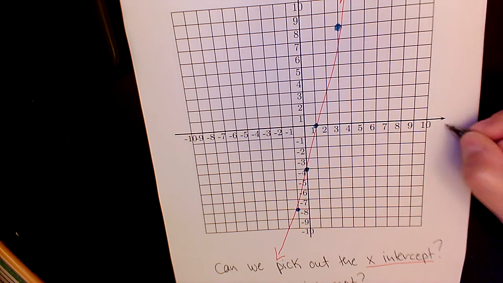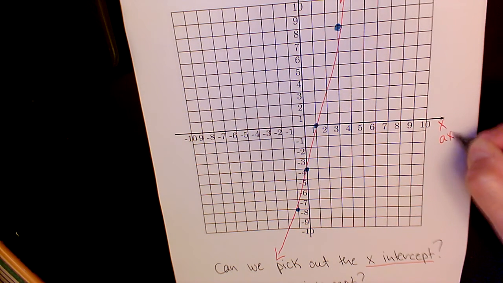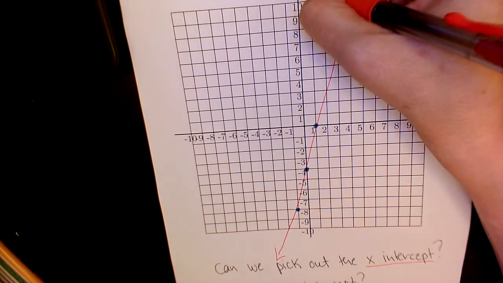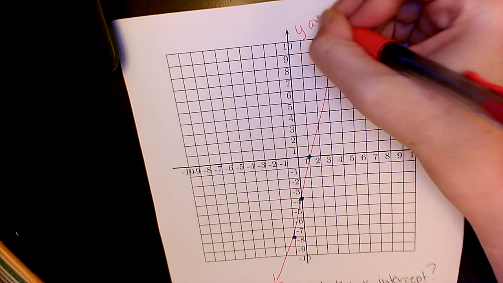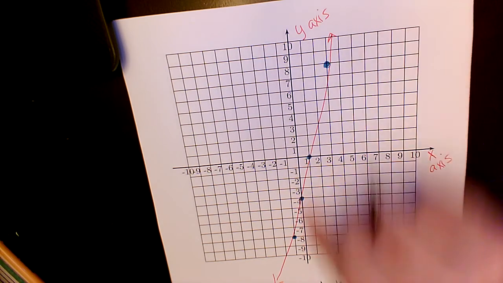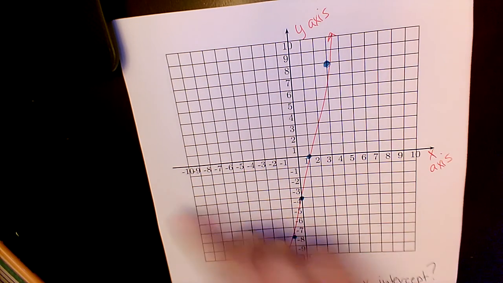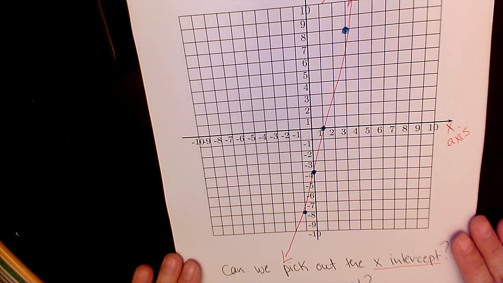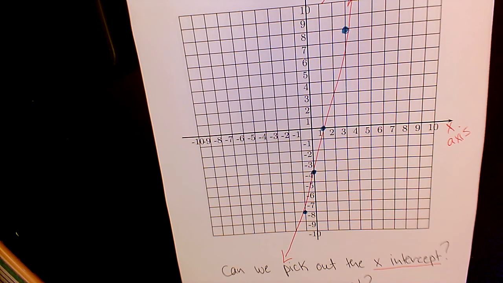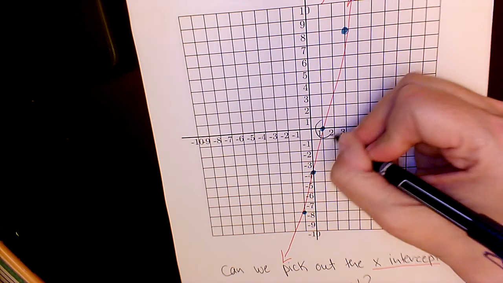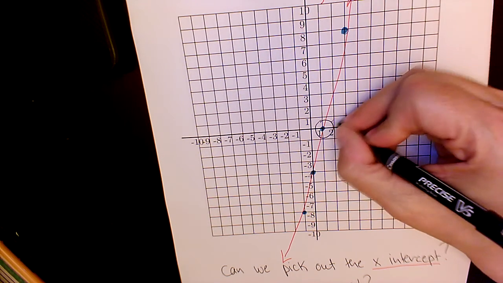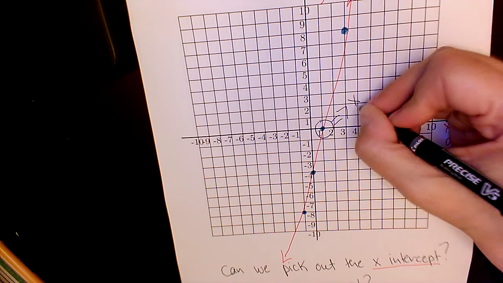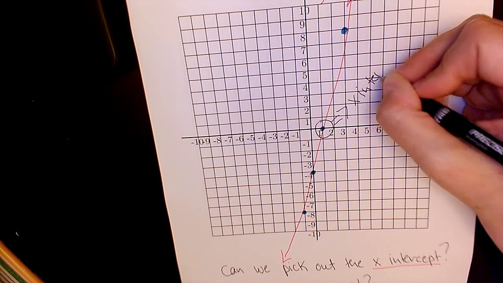So let me label these. This is, remember, your x-axis, and this is your y-axis up here. This up and down is your y-axis, and this is your x. So where is it hitting the x-axis at? What point? So if I was looking at it, I would say, ooh, right here is my x-intercept.